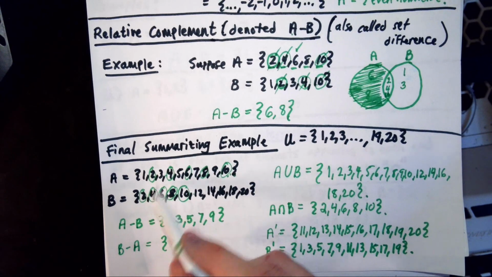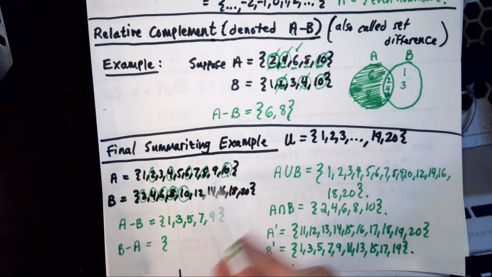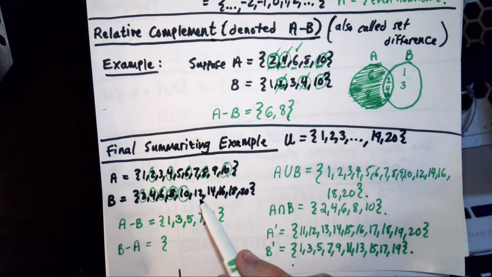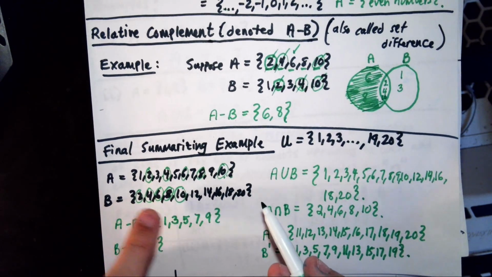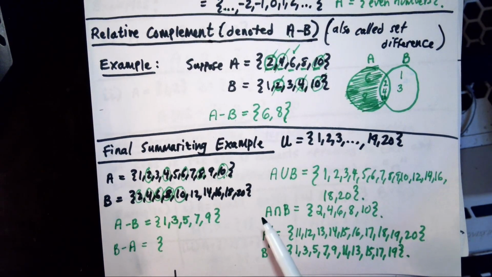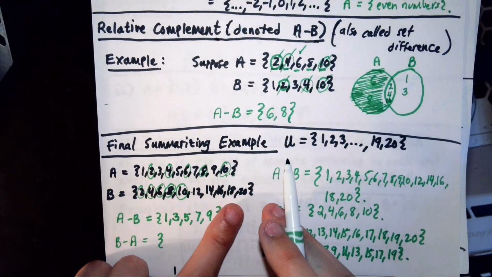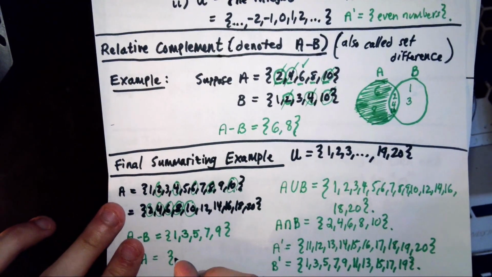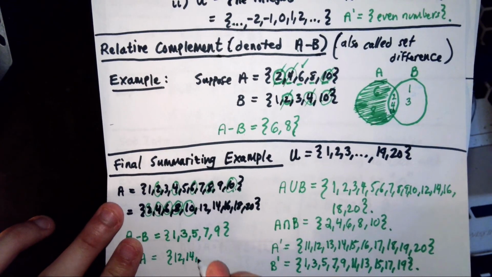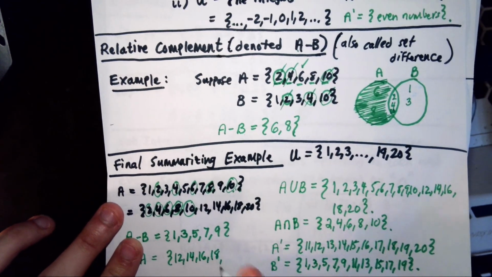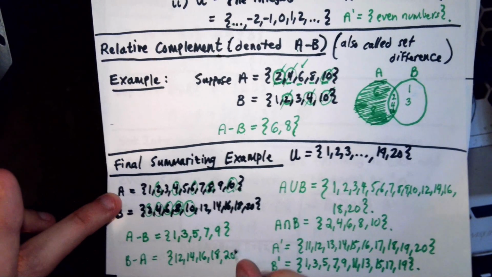The 2, the 4, the 6, the 8, and the 10. Well, I need to take everything from B that's not in common. So all the stuff that's circled in B, that's out because that stuff's already in A. So what I need is the 12, the 14, the 16, the 18, and the 20, because those are the elements that are in B that are not in A.